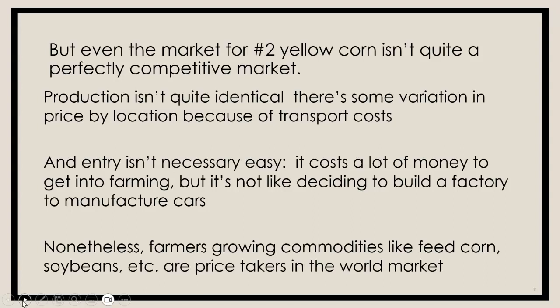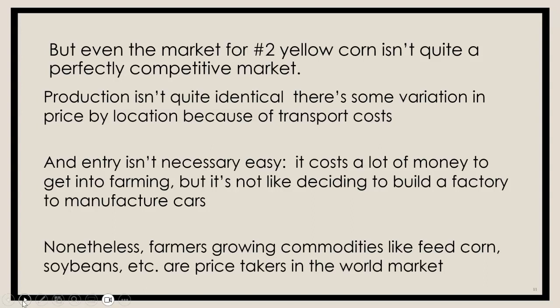The bigger difference between the market for number 2 yellow corn and our hypothetical perfectly competitive market is about entry. Entry in farming is not easy. It costs a lot of money to get into farming. You have to buy the land, you have to buy big expensive equipment like tractors and combines. So you can't just get into farming at the drop of a hat.